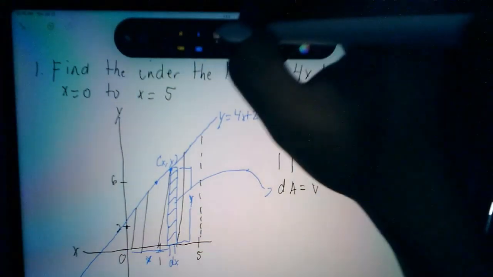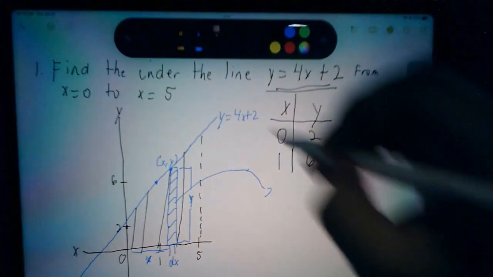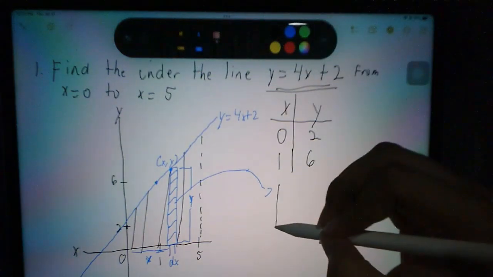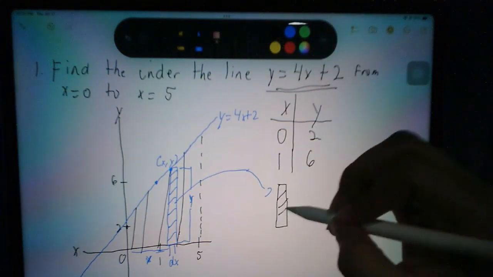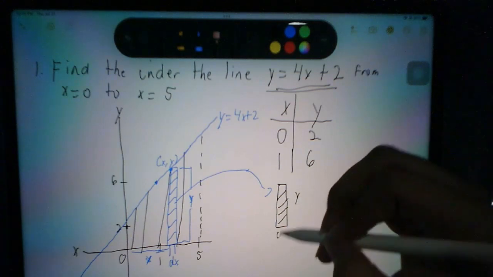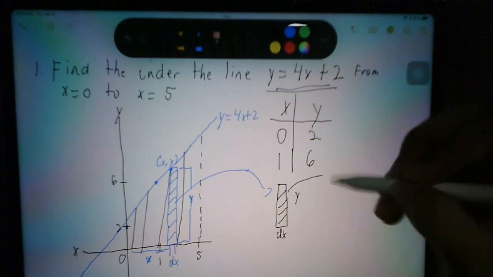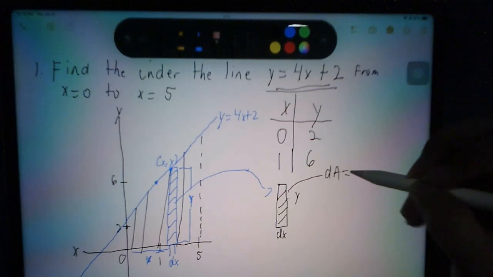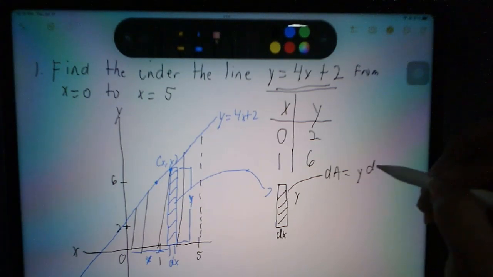First we draw our vertical strip. This is y and this is dx, and this is called the differential area. Our differential area is just equal to y dx.